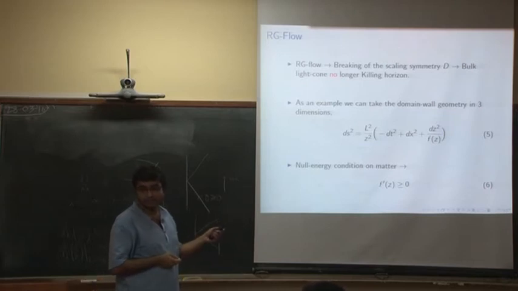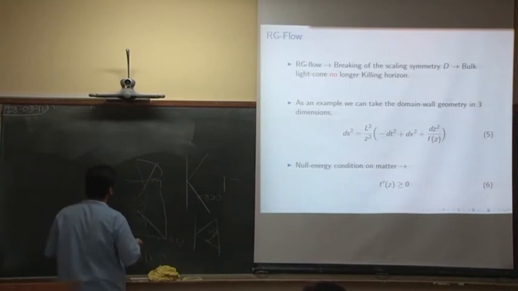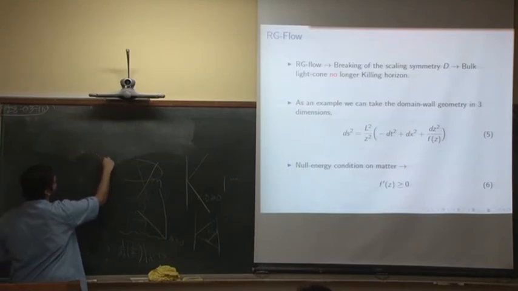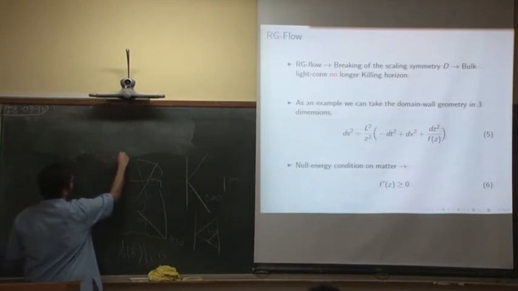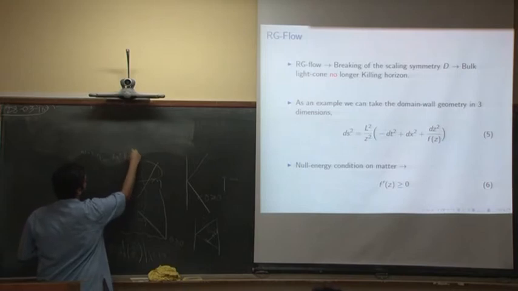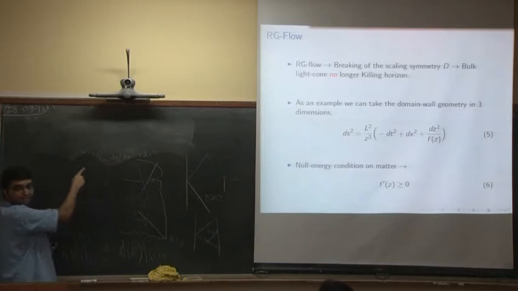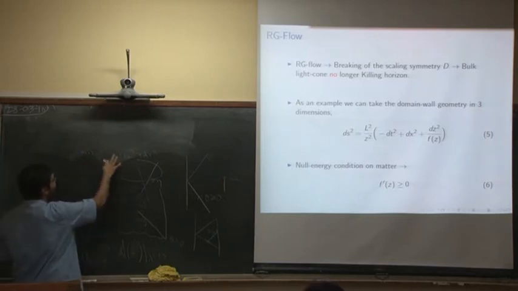No. I think the standard proof, if you write this domain wall metric in this form, something like this, plus dr squared. Is that the right metric? Yes, something like this.